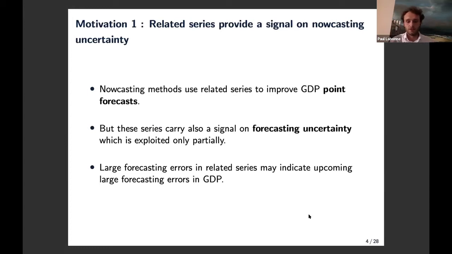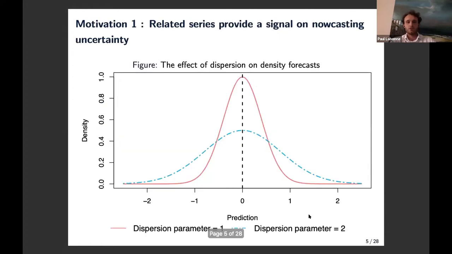So the idea is that if there are large forecasting errors in series like unemployment, and these errors historically are linked to large forecasting error in GDP, then we should update our uncertainty attached to the GDP nowcast when we have large forecasting error in unemployment. So that's the first motivation. And to do this, we can model the variance of the conditional distribution.